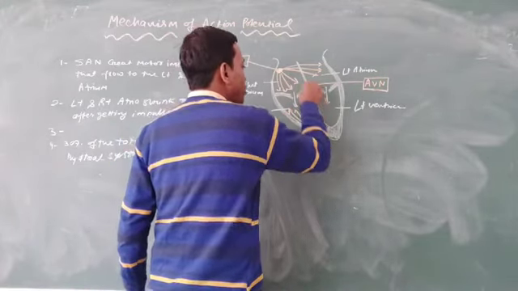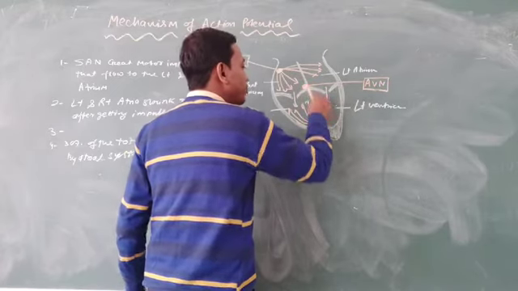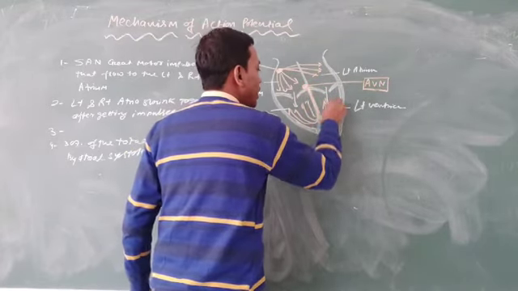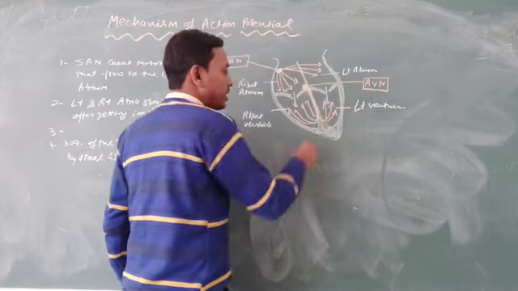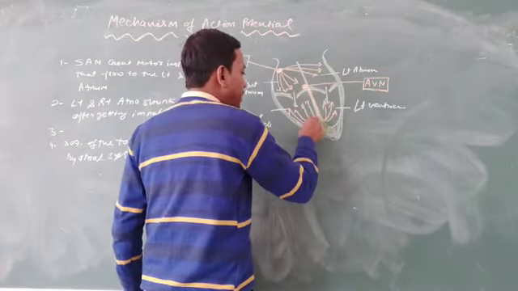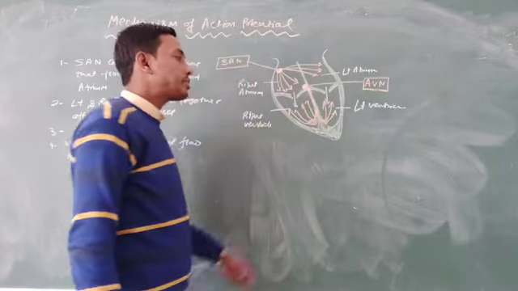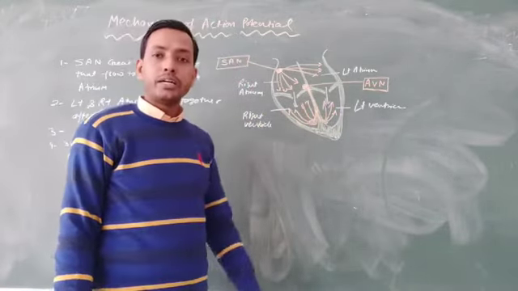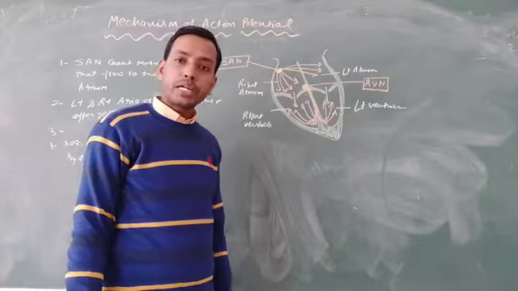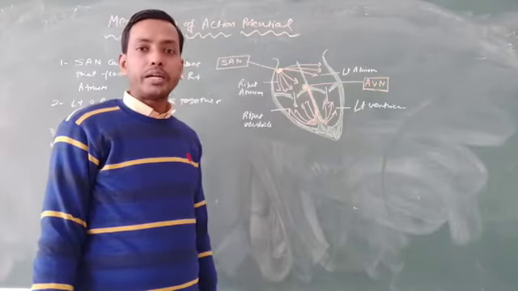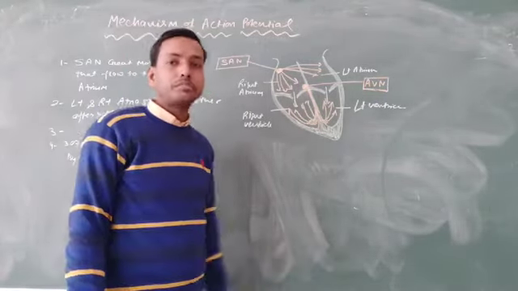The message from the atrioventricular node flows to the left and right ventricle through a very specific bundle. This bundle is known as the bundle of His and atrioventricular bundle. What is the difference between the bundle of His and the atrioventricular bundle? It was clear in the previous video lecture.